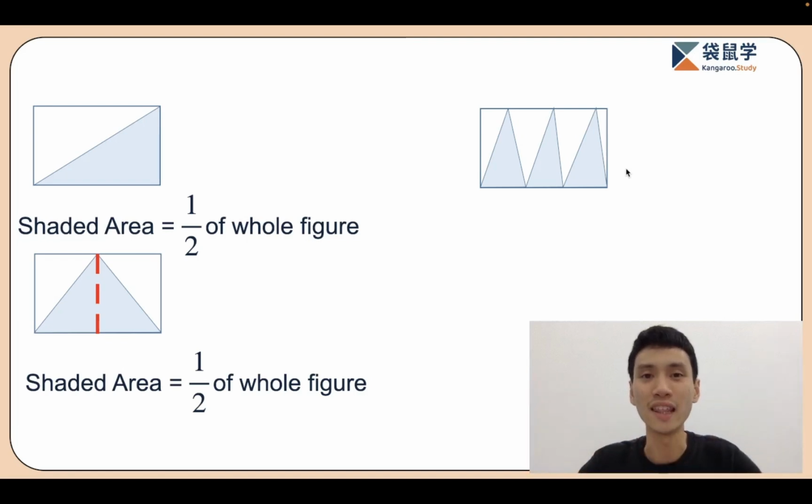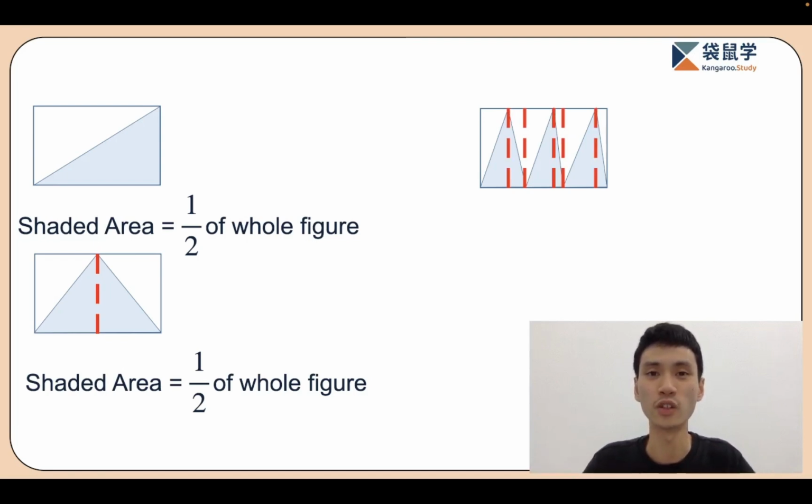Similarly, we can split this figure into different parts, but this time into many different parts with many vertical lines. And we can consider each part individually. So for example, let's take a look at this left part over here. Now, what is the relationship between the shaded area and the whole leftmost part? Very clearly, the shaded area is 1/2 of the whole part.